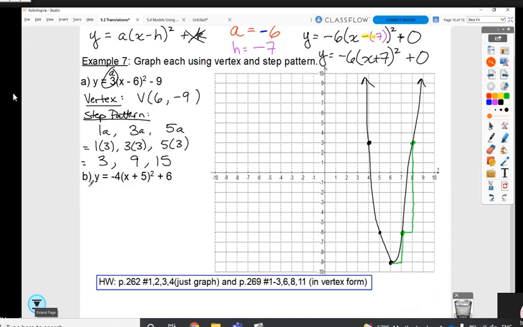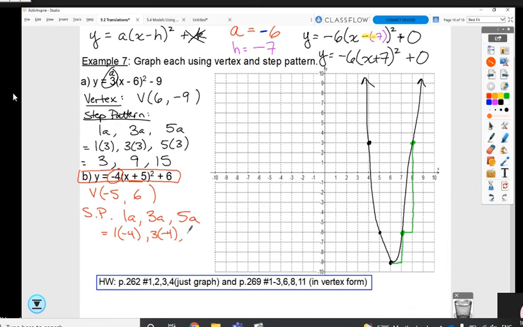Okay, part B. What is our vertex? Negative 5, positive 6. We have to be very careful with these in here. Step pattern: 1a, 3a, 5a. Our a value is negative 4. So we're going to multiply each step by negative 4.